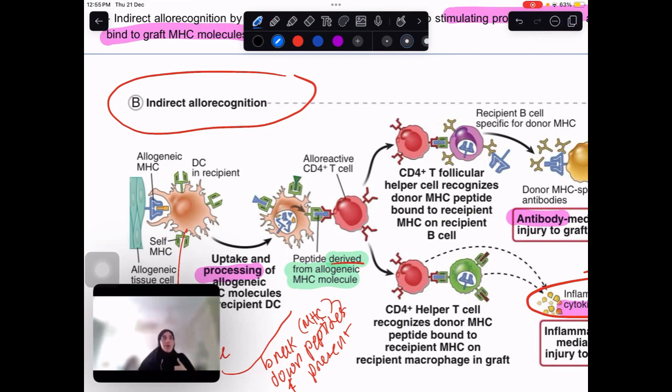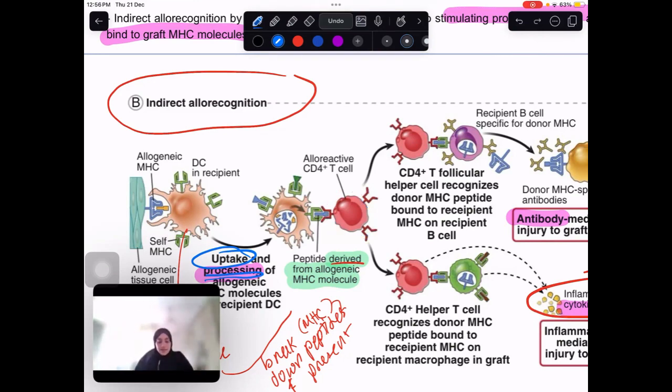They will go to this graft, and they will just collect any antigen. They will start to break it down, so here it says uptake and processing. They take an antigen, they process it normally, and they start to present it on their MHC to the T cell.